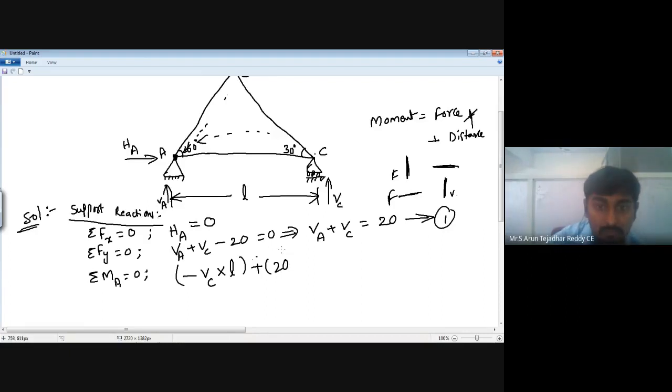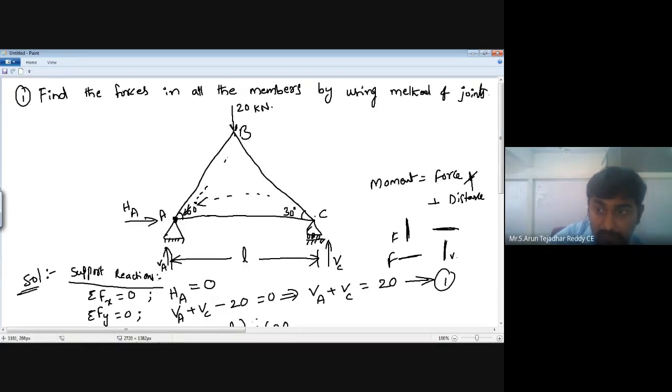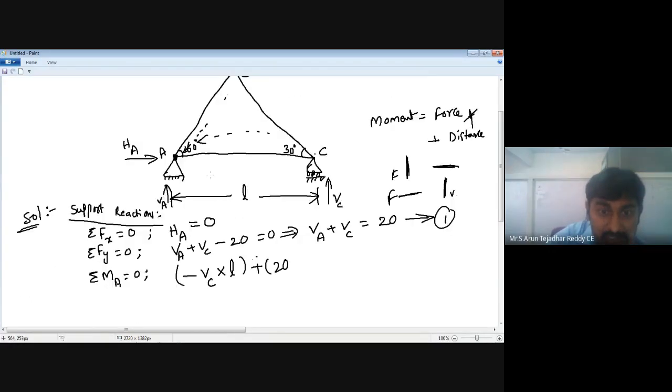The moment formula is force into perpendicular distance. Here 20 kilonewton is the force, and what is the perpendicular distance? This is important.